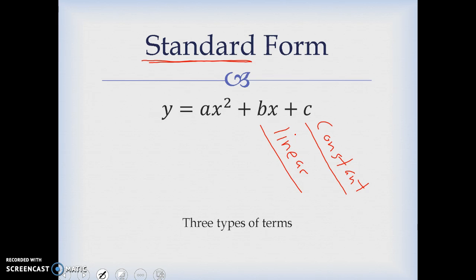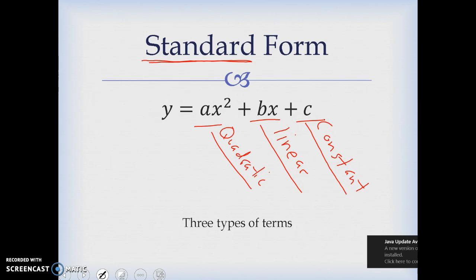Y equals mx plus b, except we call the m a b, and it would be bx plus c. That would be a linear function. But now we are adding an ax squared. That is called a quadratic term. And so we have 3 different terms: quadratic, linear, and a constant term when we're talking about quadratic equations.